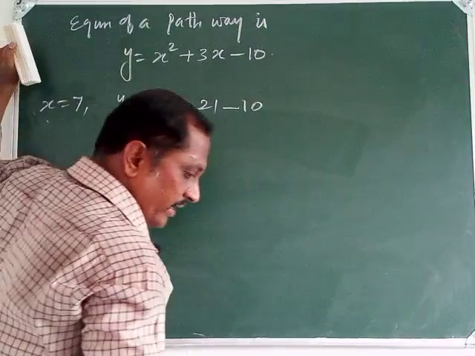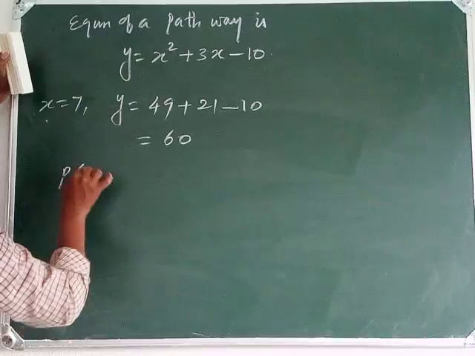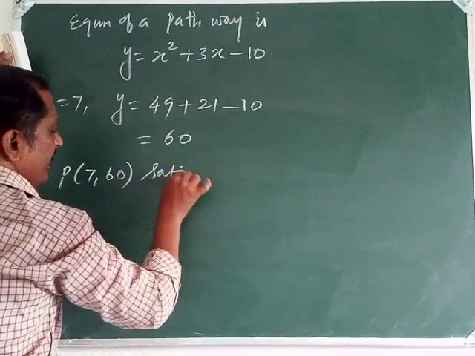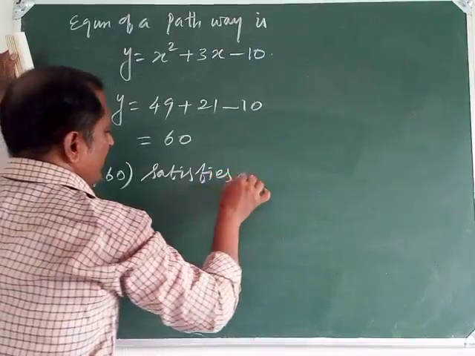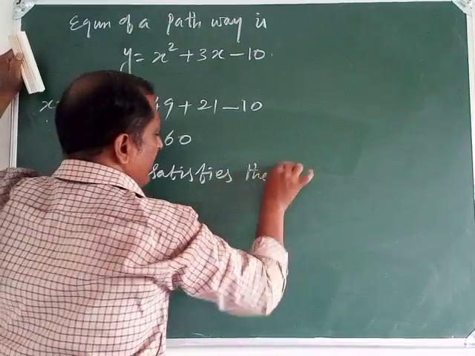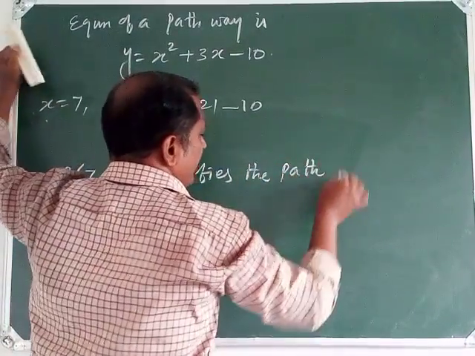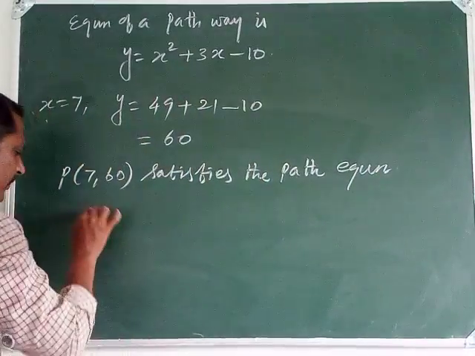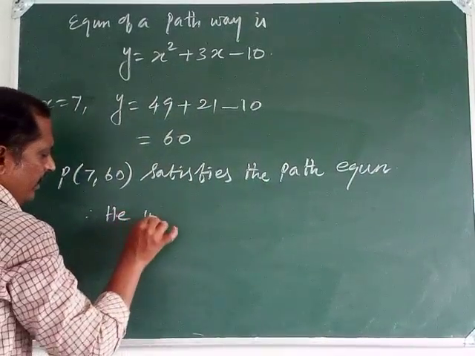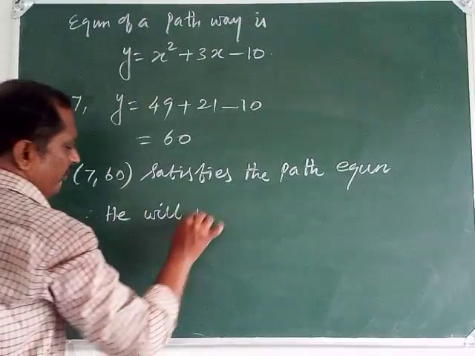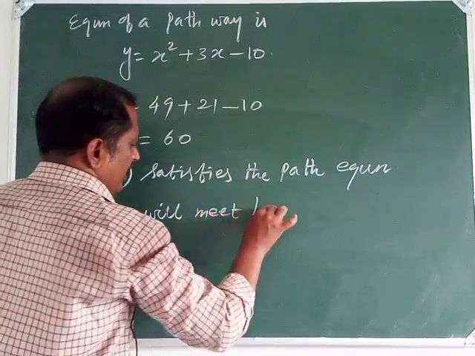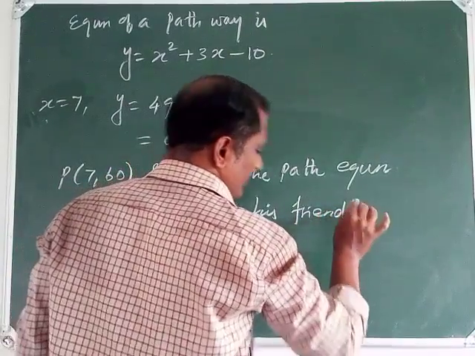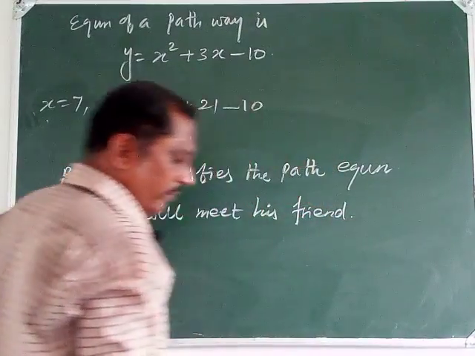So we get the answer: the point p (7, 60) satisfies the path equation. Therefore he will meet his friend.